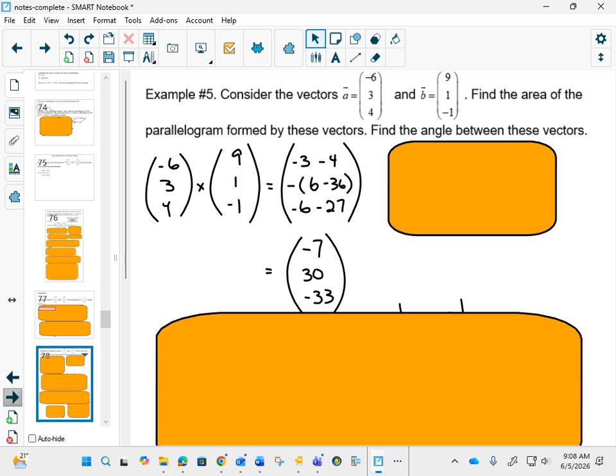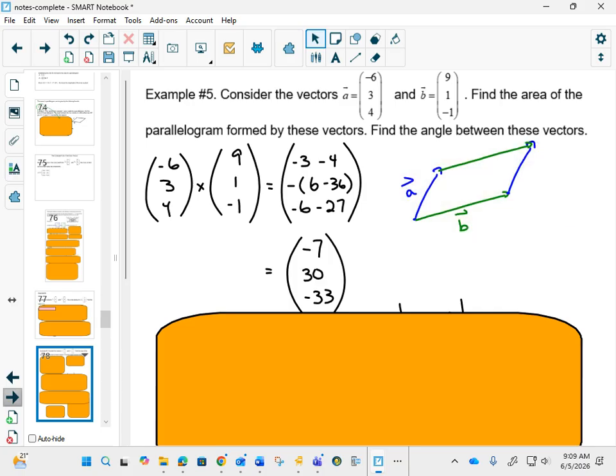So there's our cross product. There's a picture of what's happening in 3 dimensions. You've got your parallelogram. And your cross product is -7, 30, -33.